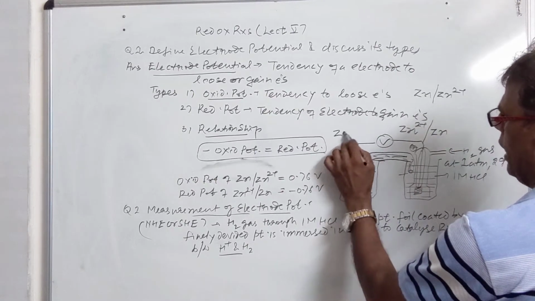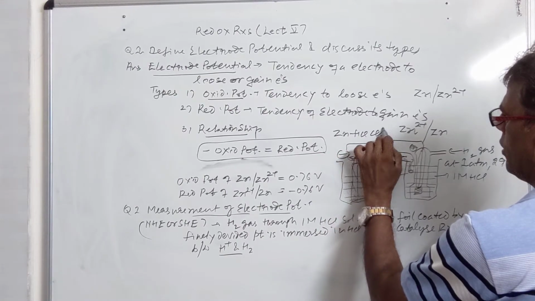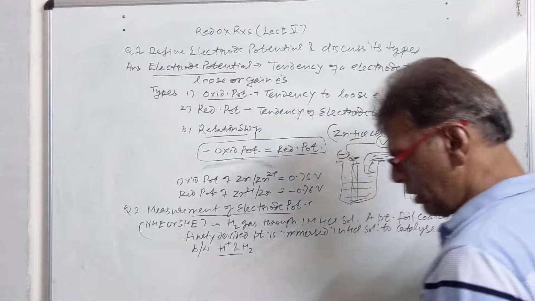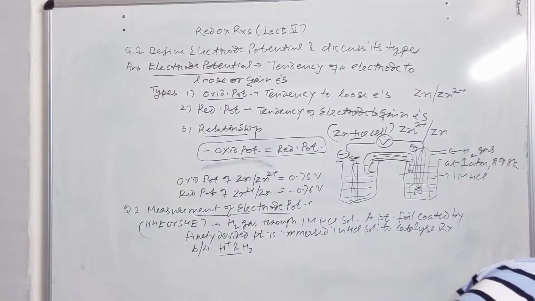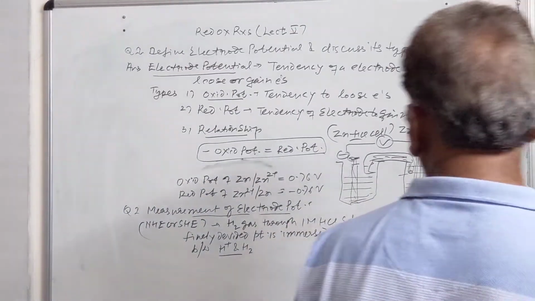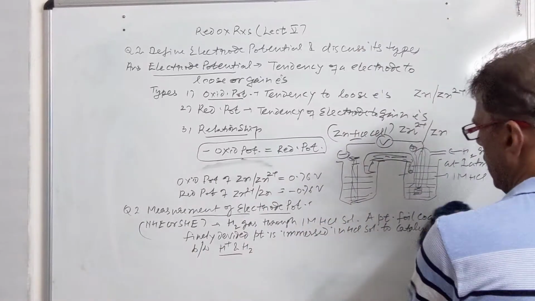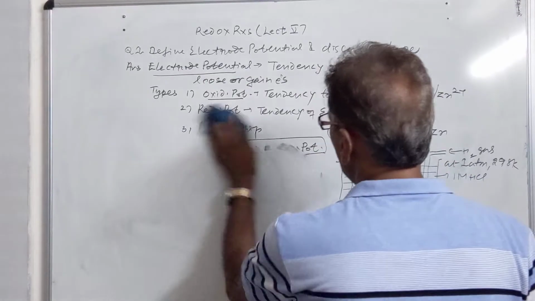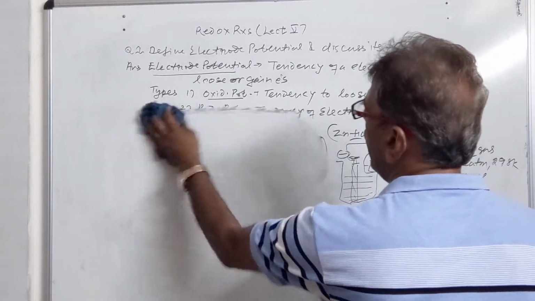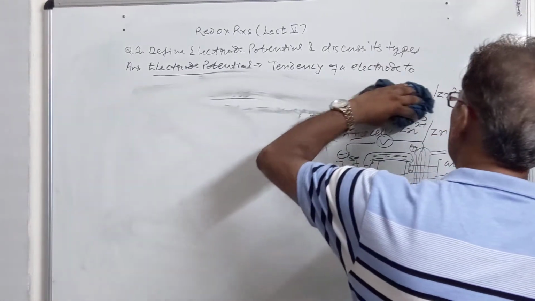So this is the zinc-HCl cell, where zinc will lose electrons, and these electrons will be pulled by the platinum wire, where H+ ions are accumulated and get reduced by taking electrons from the zinc half cell.